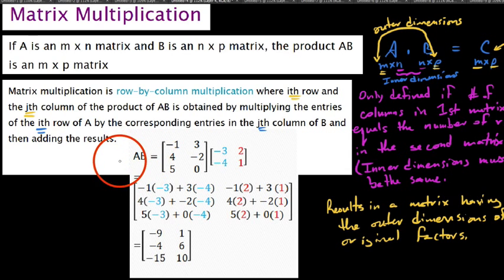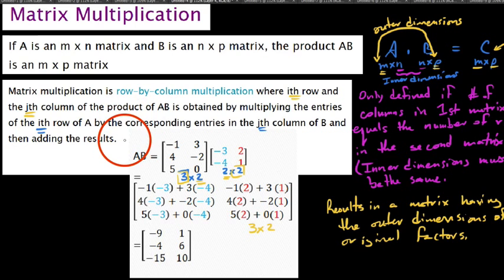So here's what I want to notice. In this particular instance, we have a 3-row, 2-column matrix being multiplied by a 2-row, 2-column matrix. The first thing I notice is that my inner dimensions match, and I would then get a new matrix that would have to be a 3 by 2 matrix. What you're seeing right here, before we go into the details, is this new 3 by 2 matrix.